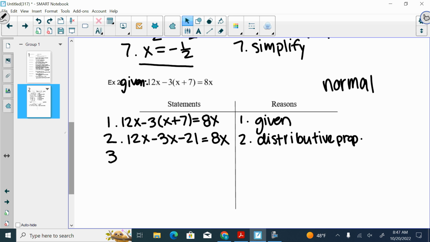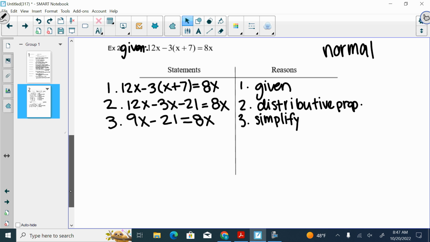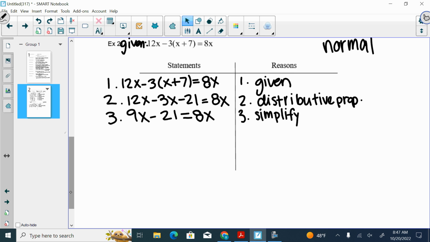So whenever I simplify, what am I going to have? Very good. All right, and my reasoning behind that, like you guys said, all we did here was simplify. Okay. What should we do now? Subtract, right? Okay.